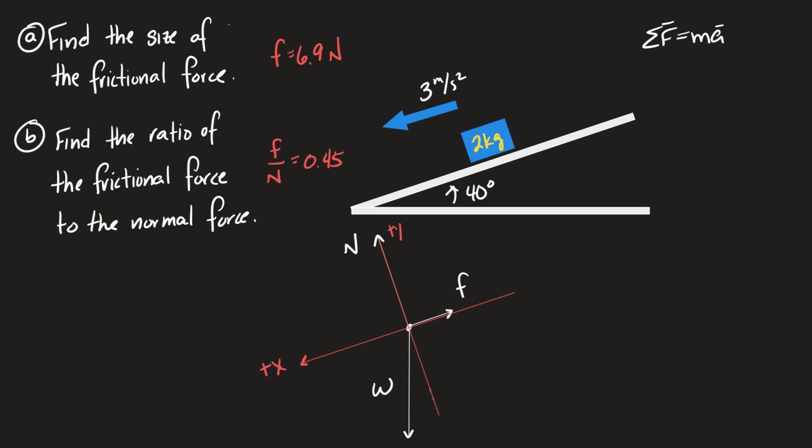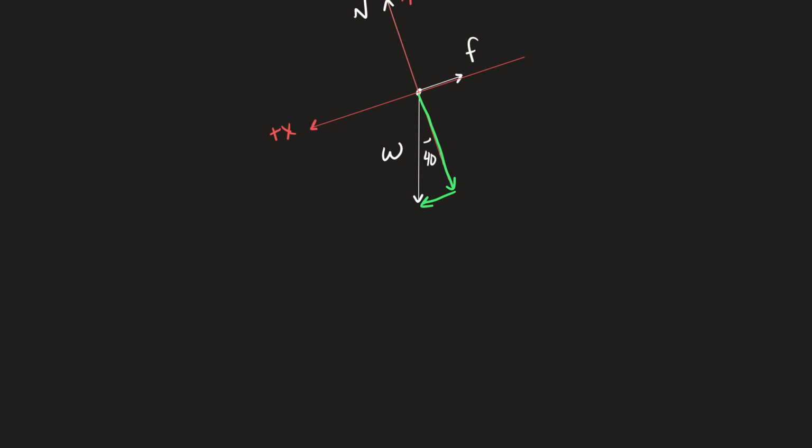So we're still right here, step 3, coordinate system and resolution of vectors. I have to put that 40 degrees someplace, and that 40 degrees goes right there. And I will break up the weight into 2 components. This one is going to be the weight cosine 40, and this is the weight sine 40.